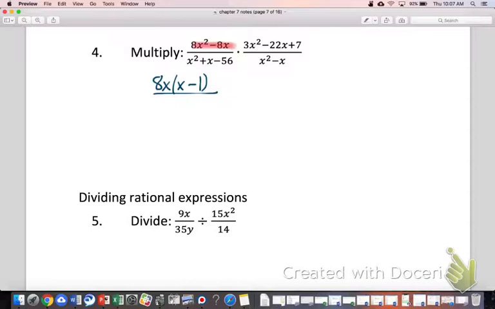Let's see. I'm going to do this other one down here just to try to be efficient. Do you guys see the one that I've highlighted in red, the lower right one? Is there a GCF there? Yes. What is the GCF? It's x. That's right. And if you factor out that x, what's left over? x minus 1. Okay, that's cool.